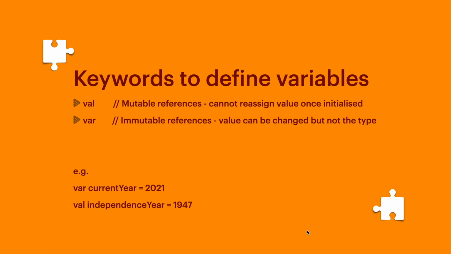You can assign a new value to it, maybe 2022, but you cannot change its type. Kotlin uses type inference to figure out that it's an integer type. If you want to assign a string to currentYear, you will not be able to.